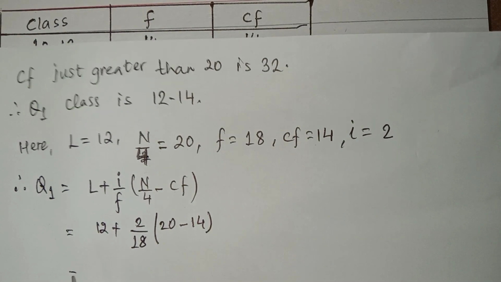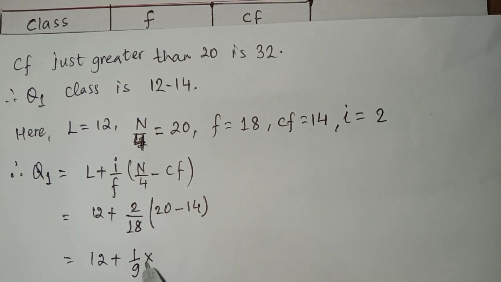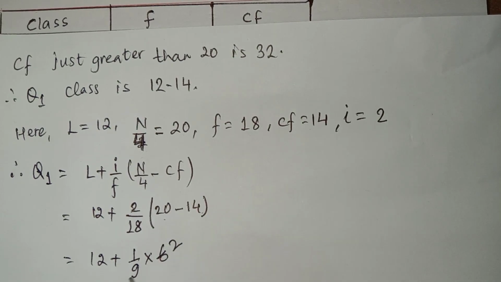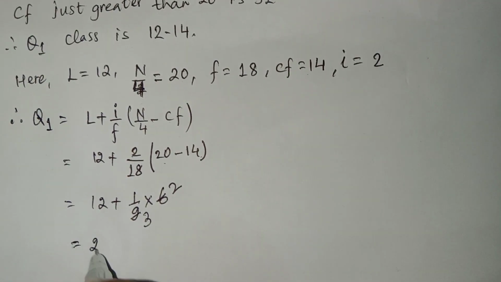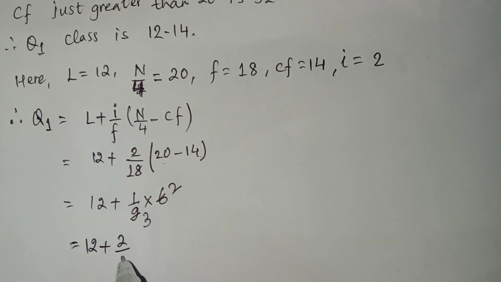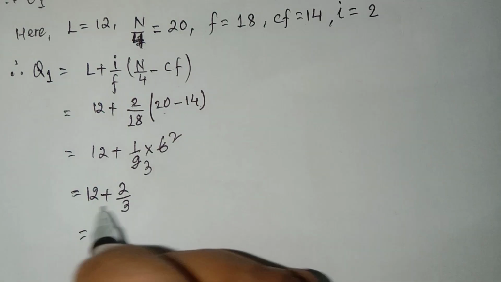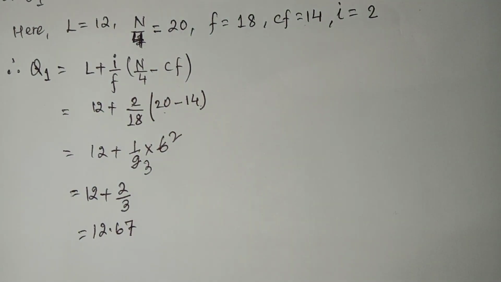From here 12 plus, we can simplify, it will be 1 by 9, and 20 minus 14 is 6. 3 twos are 6 and 3 threes are 9, so we get 12 plus 2 by 3, and simplifying this we get 12.67. So this is our Q1.